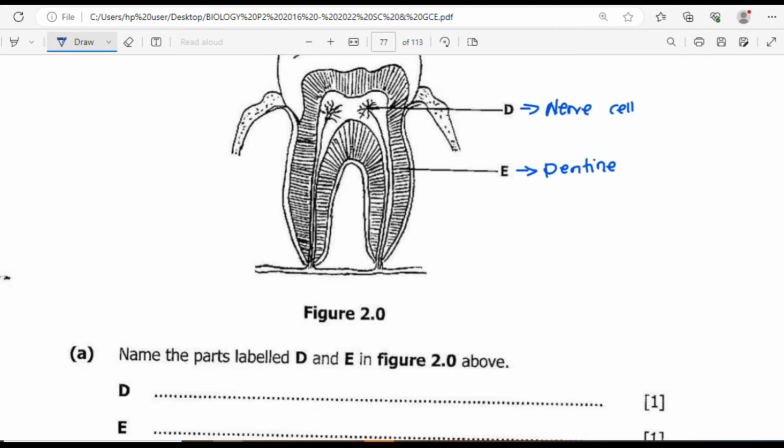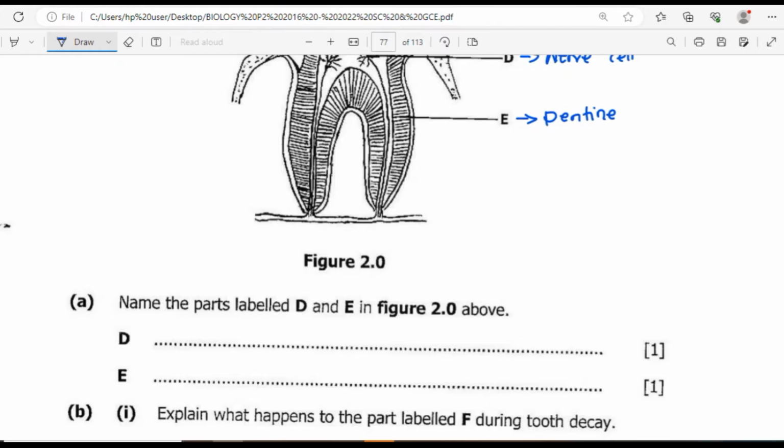Then the function of the dentine is that it contains the fine canals which link up the pulp cavity. Then the pulp cavity is the space where we have these nerve cells, including the blood cells. So we are saying D is nerve cells. Then E, we have dentine.